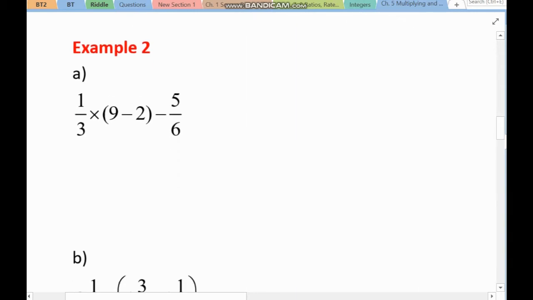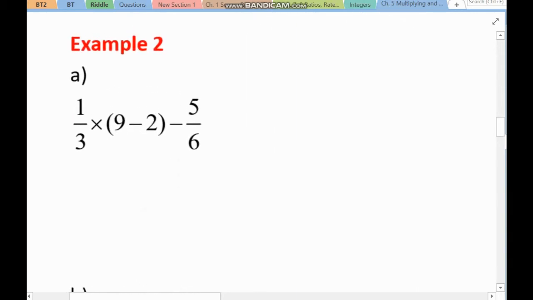Okay, next. Whoa, example 2 looks a little bit more complicated. So 1/3 times 9 minus 2 minus 5 over 6. Which operation would you do first? So think about BADMAS. We have bracket here. So we're going to do the bracket first. 9 minus 2. What's 9 minus 2, everyone? 7.